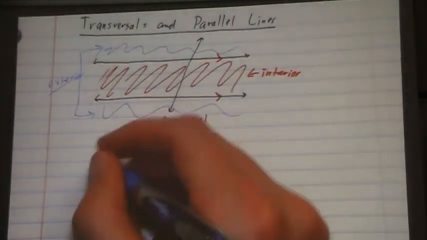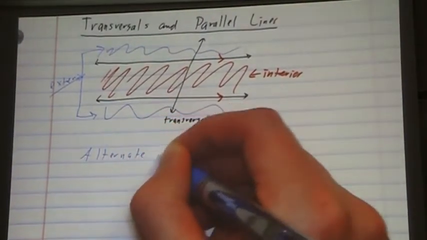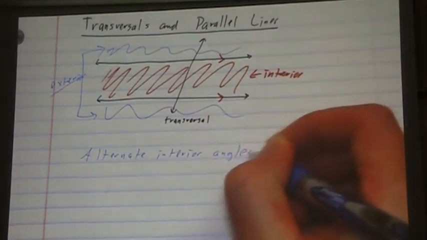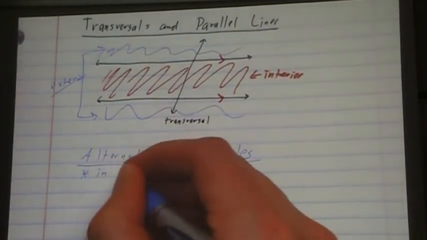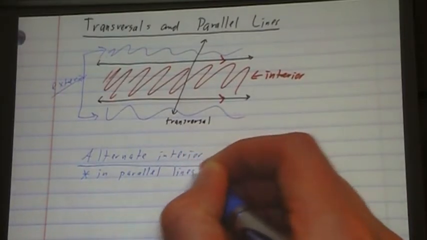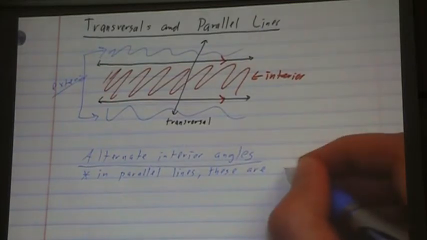So alternate interior angles in parallel lines. These are congruent.